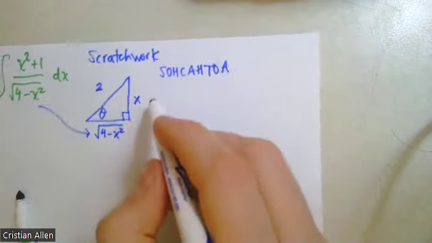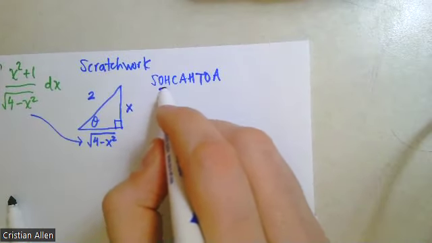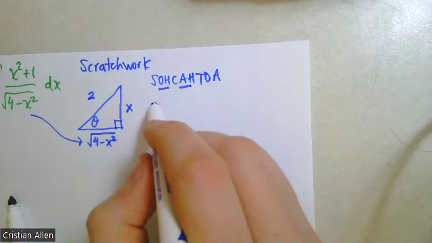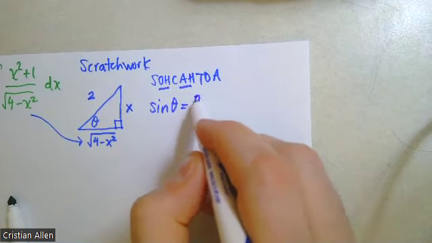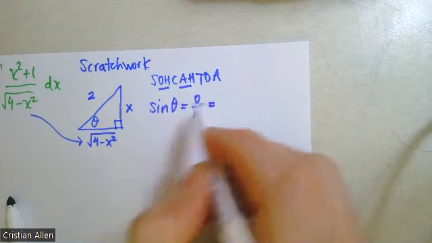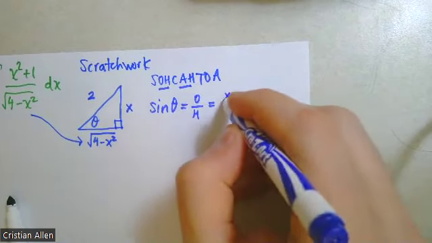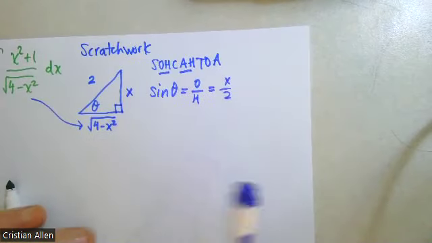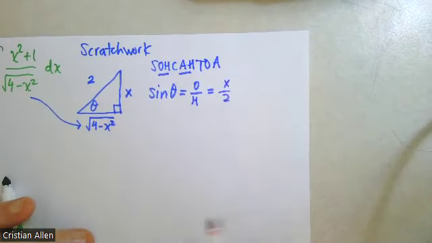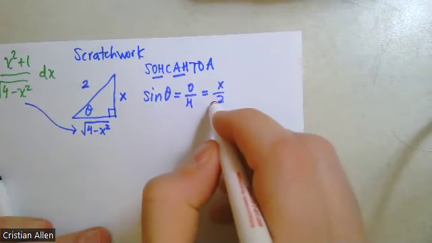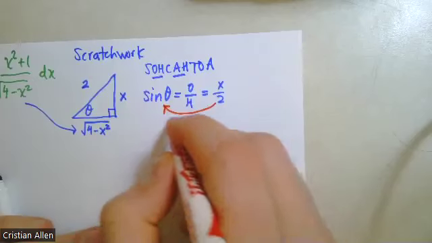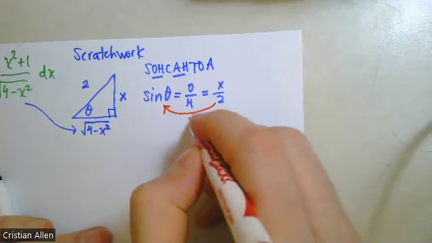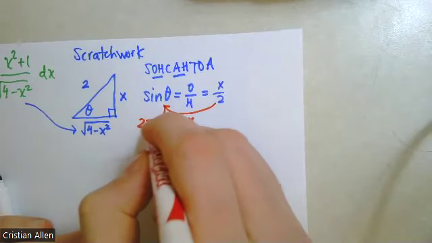Then we want to use our SOH-CAH-TOA rules. So sine of theta is the opposite over the hypotenuse. So it's the x over 2. Now, from this one, we'll continue with these in a second. From this one, we end up multiplying this 2 so that we get 2 sine theta.